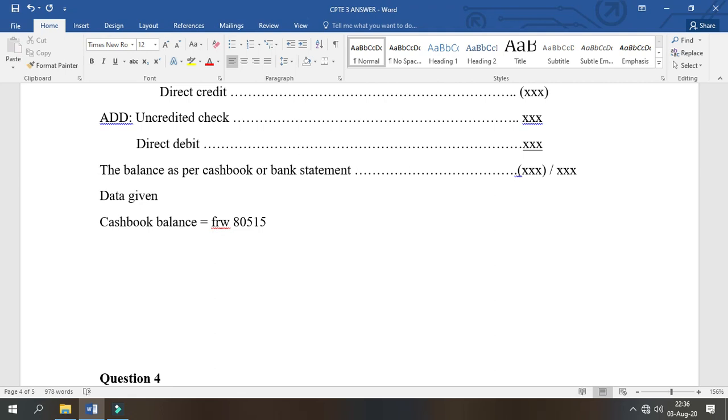We have bank statement balance which is equal to 111,230 Rwandan francs.